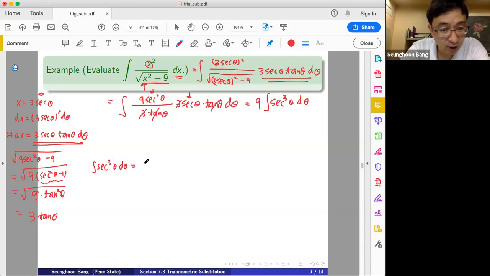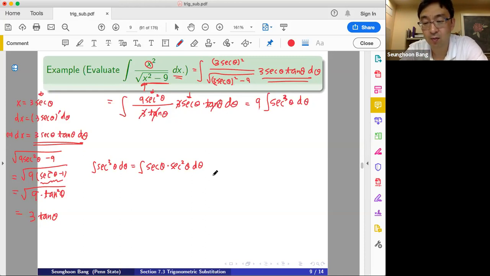How can you calculate the integral of secant theta times secant squared theta d theta? You can just split. Next, you have to use integration by parts for solving this problem. What's integration by parts? u equals the first one, secant theta. dv equals the remaining secant squared theta d theta.